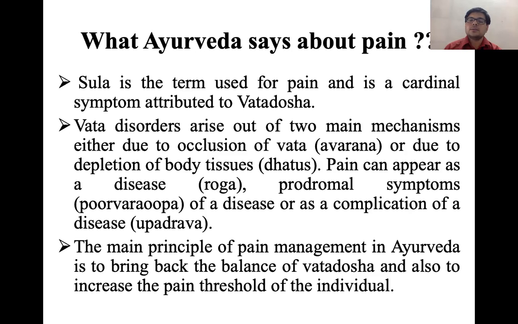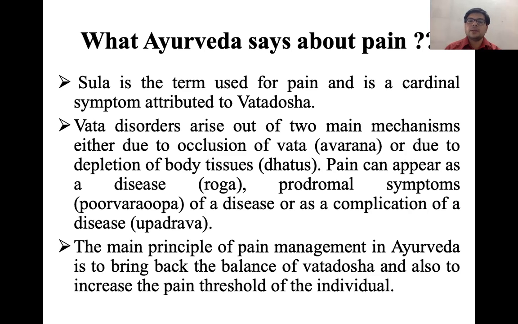Vata disorders arise out of two main pathologies: first, occlusion or obstruction of vata, which we call avaranajanya roga, or due to depletion of the body tissues, the dhatus.